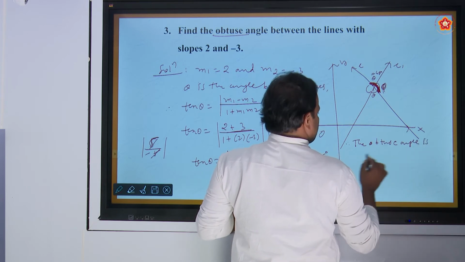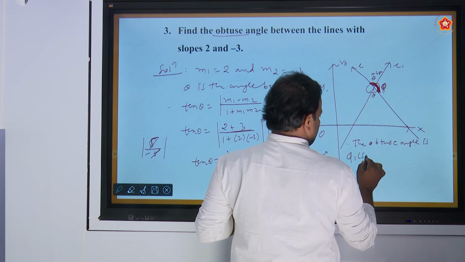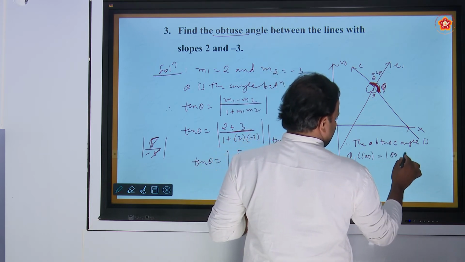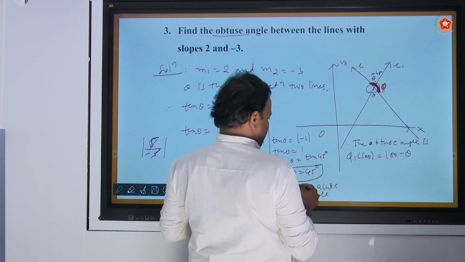is say phi, equal to, the formula is 180 minus theta. Theta is nothing but this angle, and we know theta here.